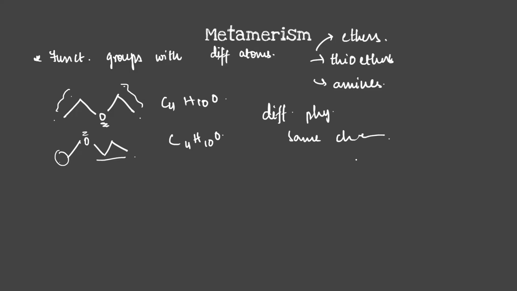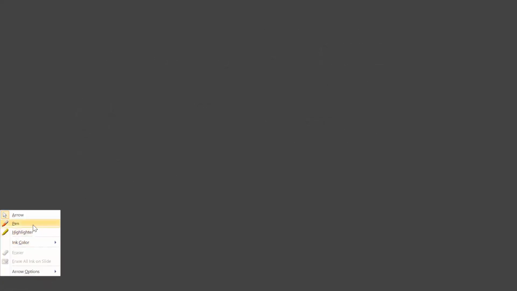So this is methoxypropane. And you can see the same in the case of thioethers. Thioethers have sulfur, so you can write this like this. These are thioethers. And then you can also see it in amines.